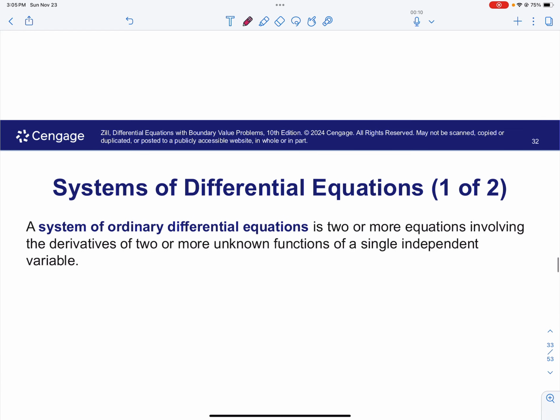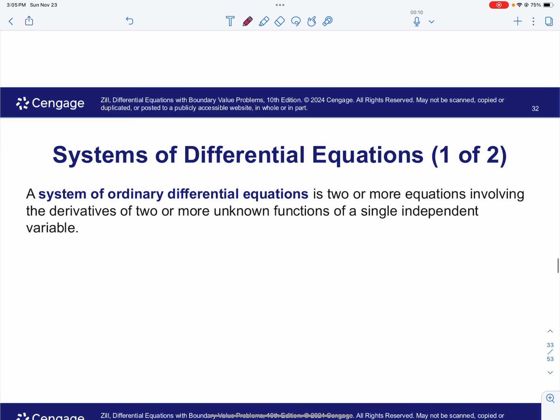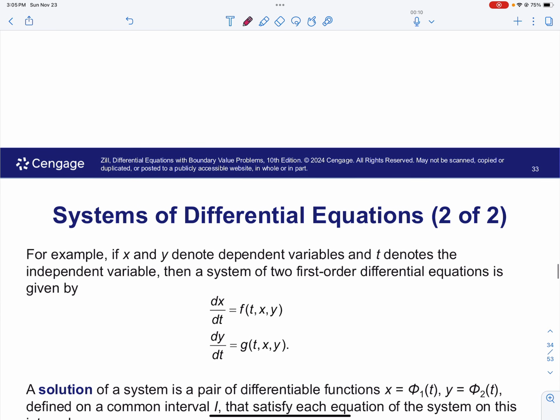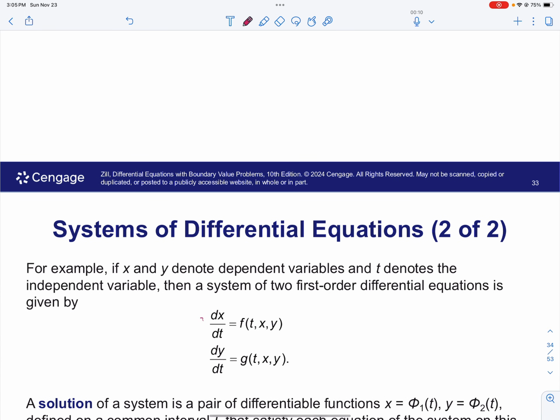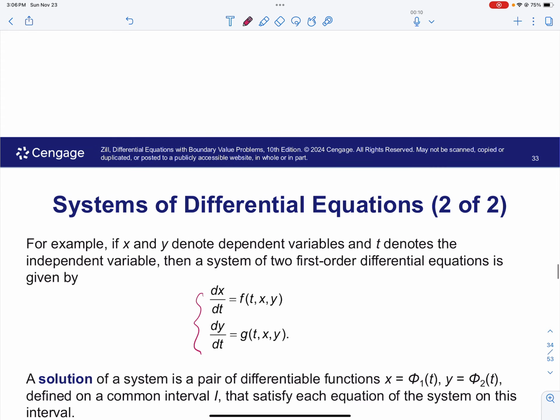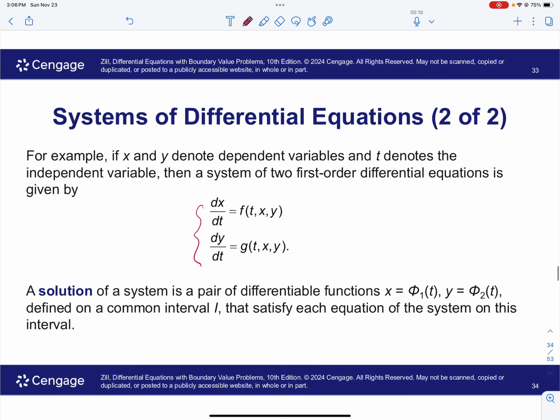Okay, the next definition is called a system of ordinary differential equations. A system of equations means two or more equations, yeah? So if we have dx over dt equal to this and dy over dt equal to this, then this is called a system of differential equations. If you want to find a solution here, what do we need to do?